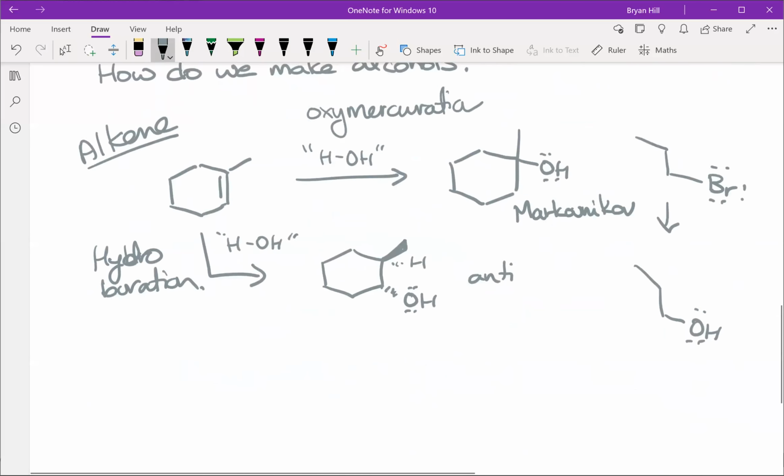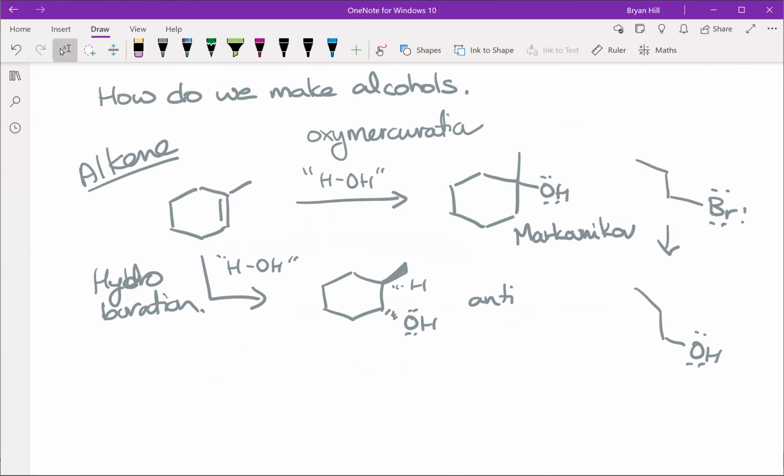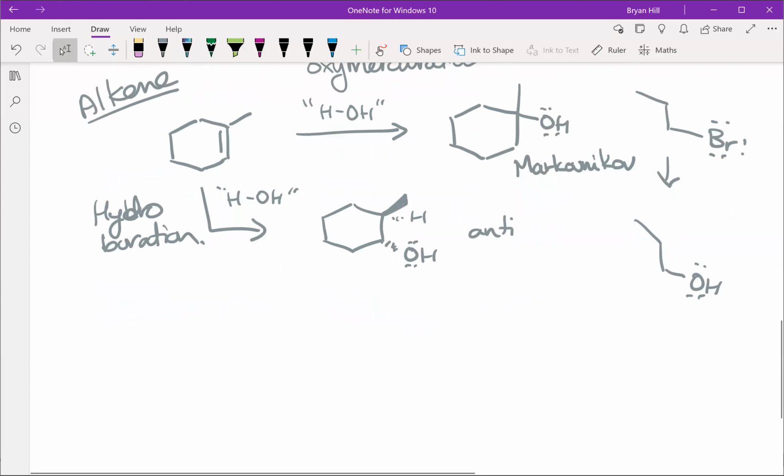What was another way to make alcohols? Wait, did you go over this? Oxides? Okay, sorry, I missed that. Did you go over this at the start? You had your carboxylic acid. Right. Okay, so you could do reductions, right?